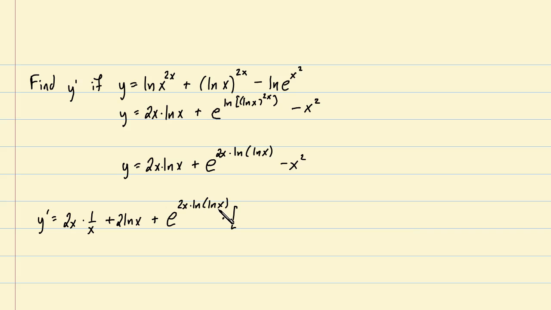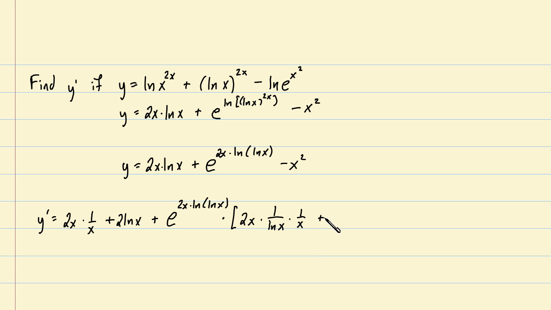So this is first guy, this is the second guy. Product rule says we need first guy times the derivative of the second guy. Of course, the second guy is the natural log of something, so its derivative will be 1 over that same something times the derivative of that something. And the something here is ln of x, so its derivative is 1 over x.